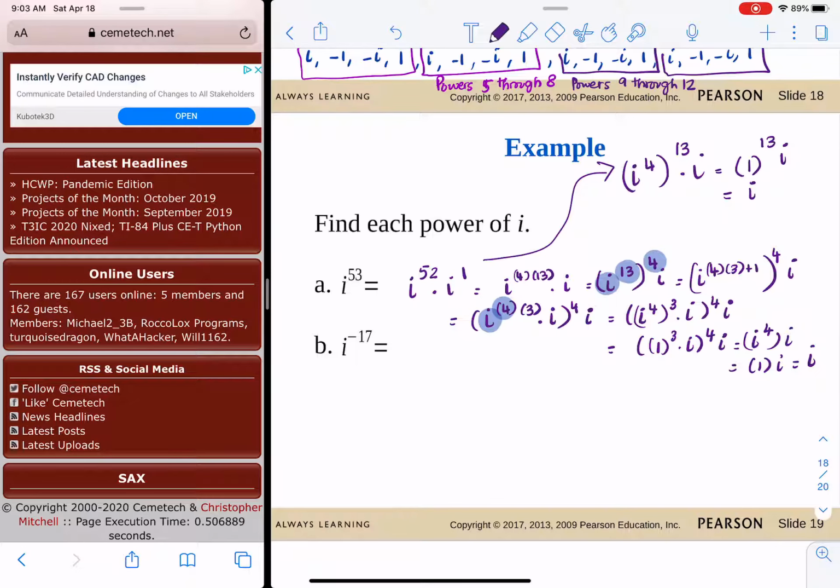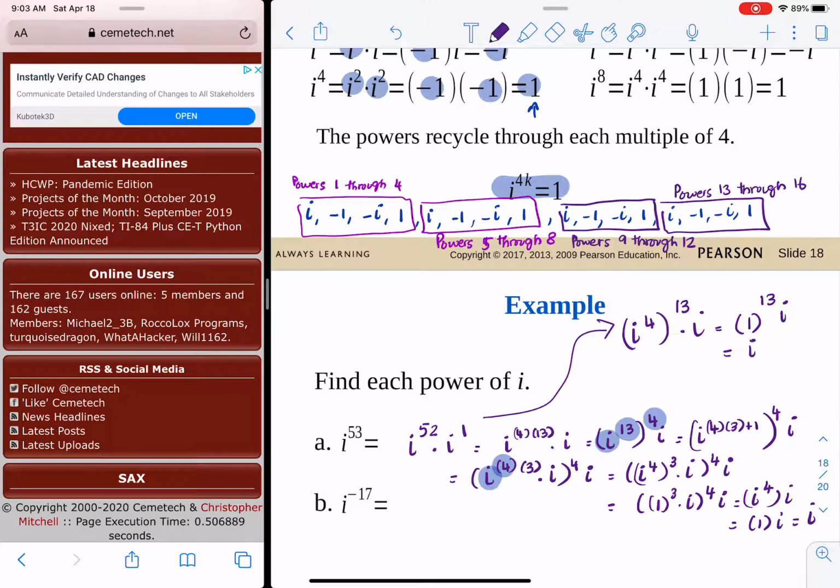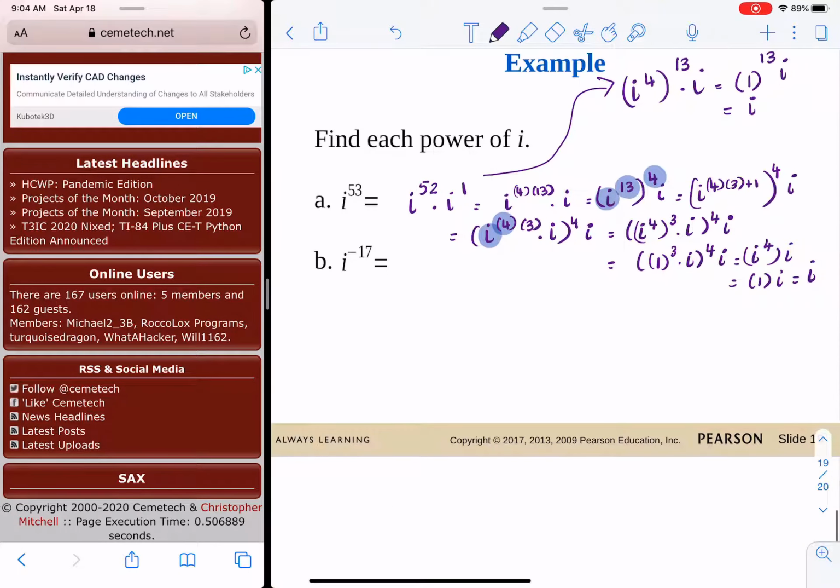So here we have a negative exponent. Now, some people are quite comfortable with negative exponents, but here we have a trick: the complex number would recycle through the powers that are multiples of 4, as i, minus 1, minus i, and 1.